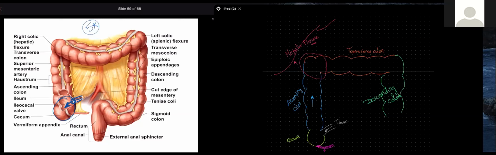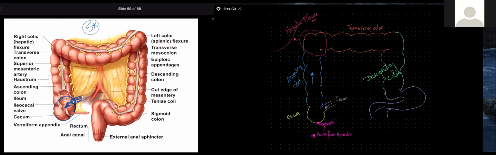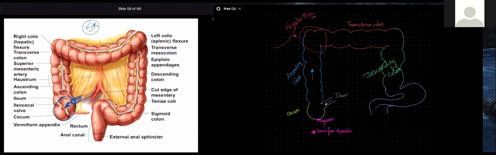And the descending colon will be conducting the feces now into an S-shaped, flexed part of the colon. We call this the sigmoid colon.